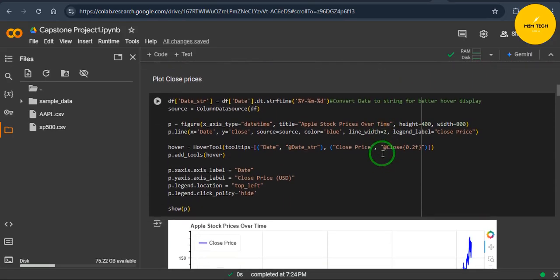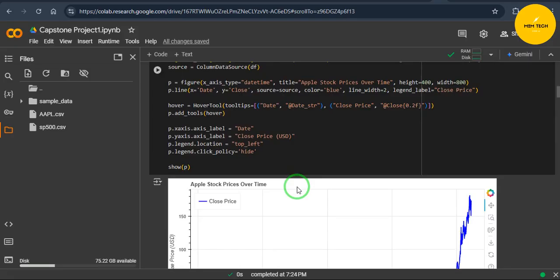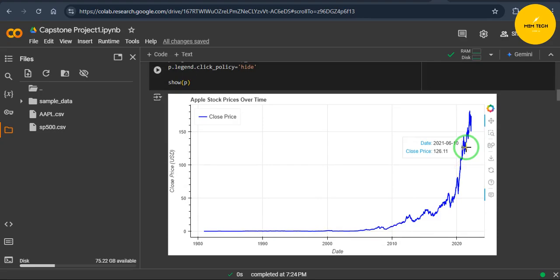Then I plot close prices. This line chart shows Apple's closing prices over time. We can see a consistent upward trend over the years, with some dips during market-wide downturns. For example, the 2008 financial crisis and the 2020 COVID pandemic impacted Apple's stock, but the recovery was quick.